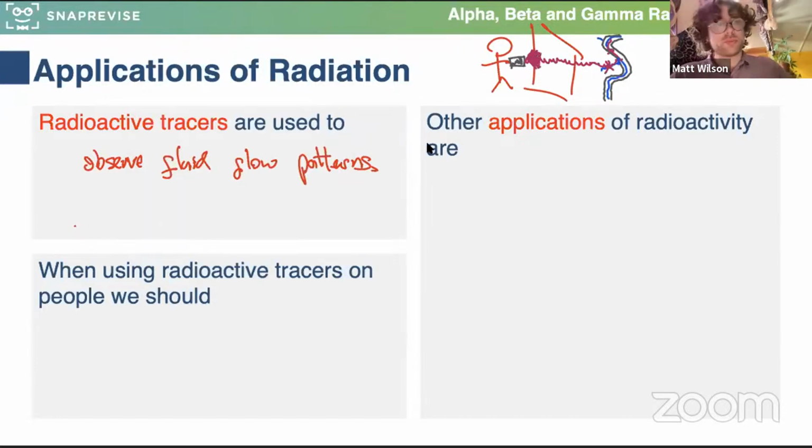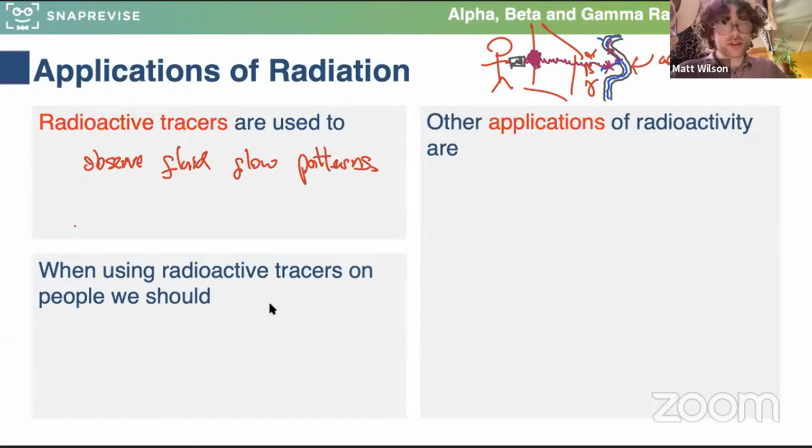Now, sometimes what we're looking at here is not like a mechanical pipe, but something like an artery, something in a human body. Now, if it's in a human body, we need to be careful because this passing radiation that we're seeing here, be it alpha, beta, or gamma, could be damaging the cells in our body. It's passing through the cells in our body, and we just saw that that's the kind of thing that can cause damage.